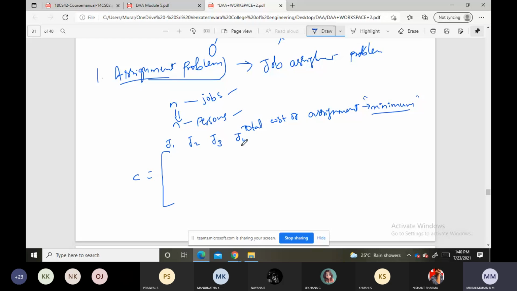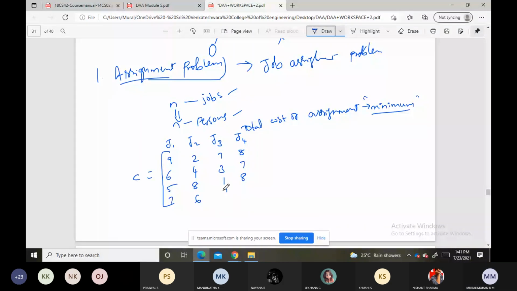The costs are 9, 2, 7, 8, 6, 4, 3, 7, 5, 1, 8, and 7, 6, 9, 4.